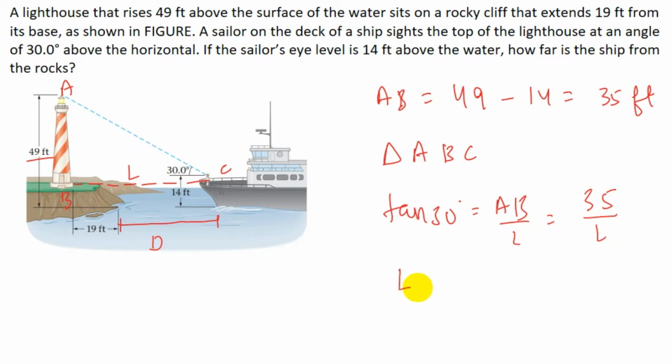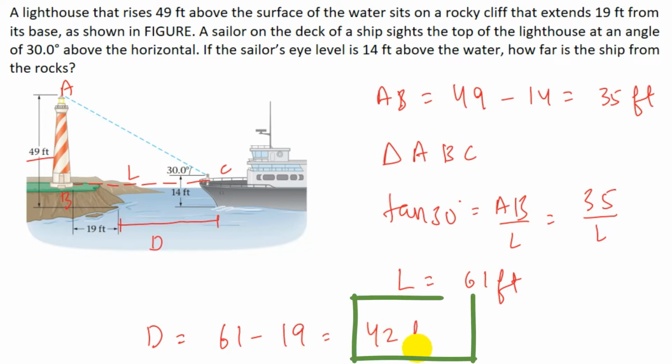So from here L will be equal to 61 feet. So this total length is 61 feet. Now if we subtract 19 from this length, we get the distance d: 61 minus 19 is 42 feet. So this would be the answer for this question.